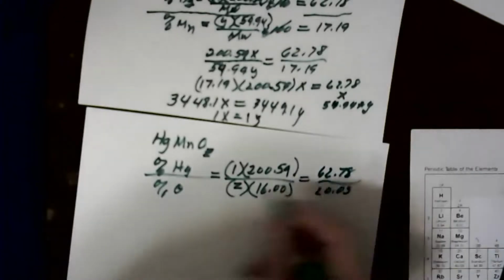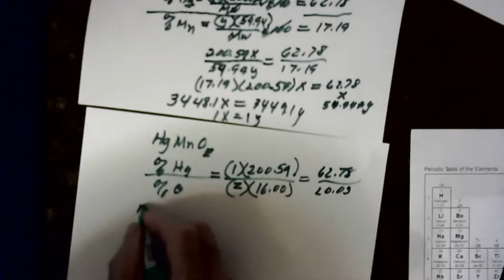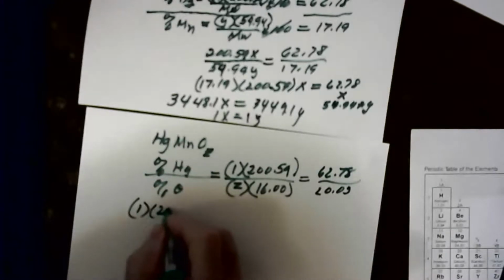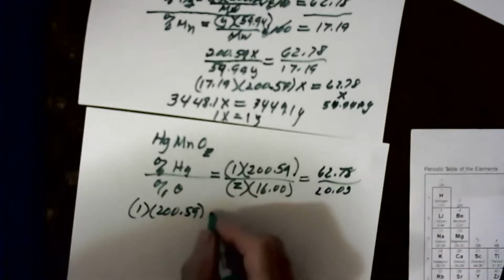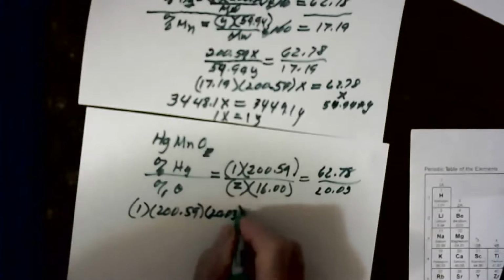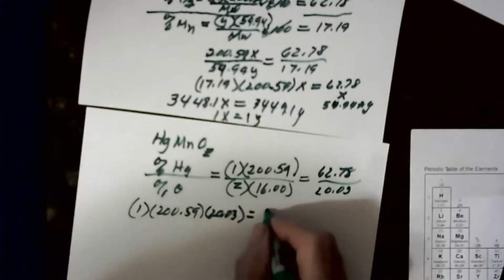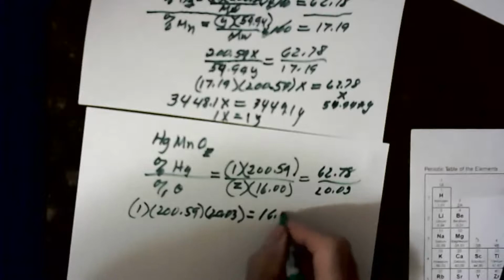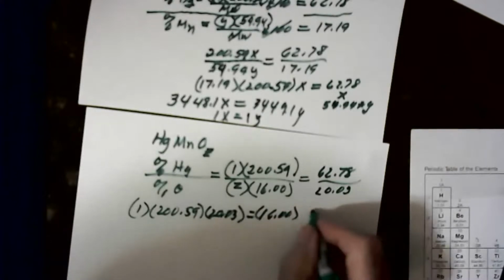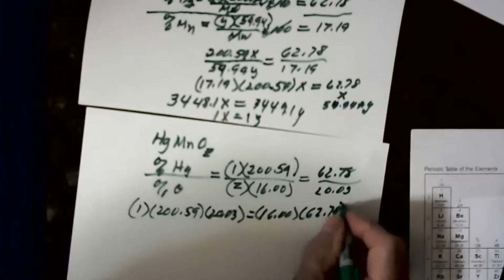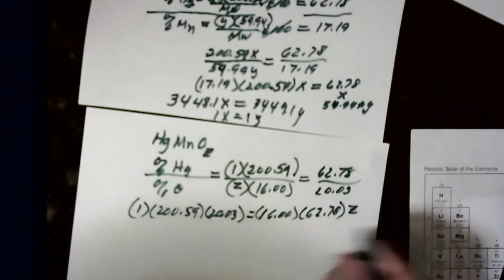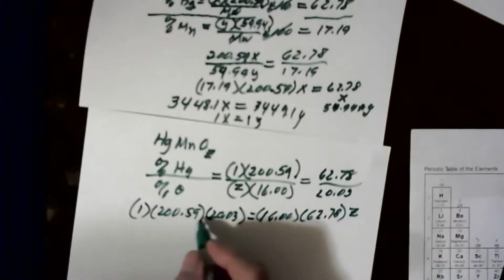Now, I'm going to cross multiply, so I get 1 times 200.59 times 20.03 has to equal 16.00 times 62.78 times Z. Now all I got to do is solve for Z. So I'm going to multiply these together and divide by that. Let's see what we get.